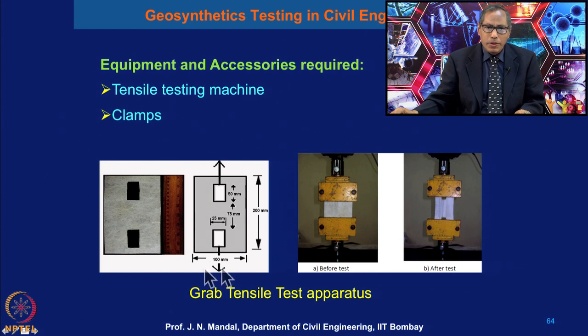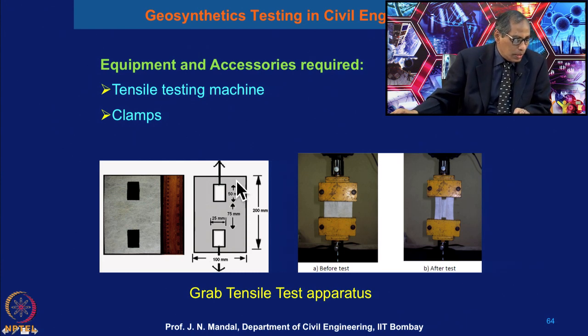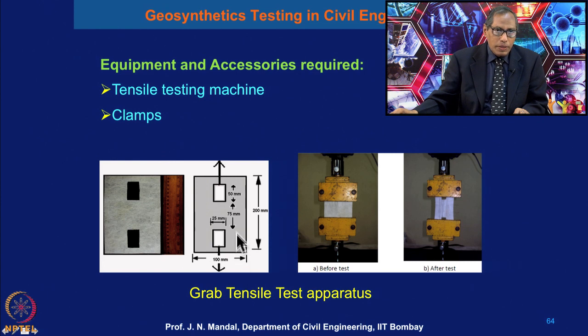Initially the geotextile is grabbed with this. It has a certain dimension, about 50 millimeter, and from here to here about 75 millimeter, and the sample size is 100 millimeter by 200 millimeter. So, this is the grab tensile test apparatus.